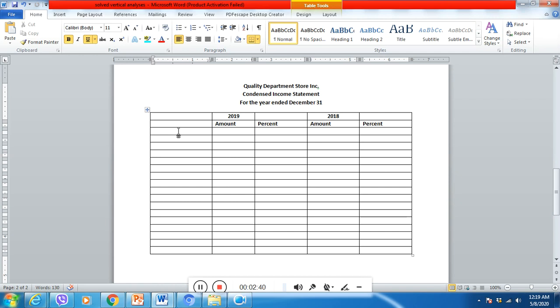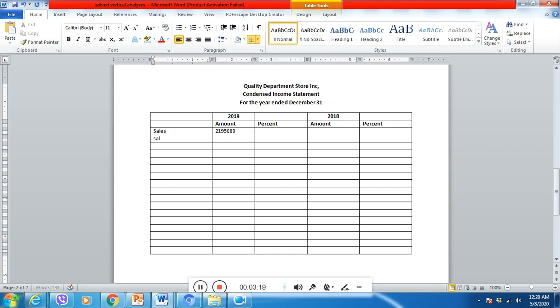This is the condensed income statement of Quality Department Store Incorporation for the year ended December 31. Here we have the data of two years, 2018 and 2019. I have drawn the columns. First I write sales, and the value of sales I will write here, 2,195,000.